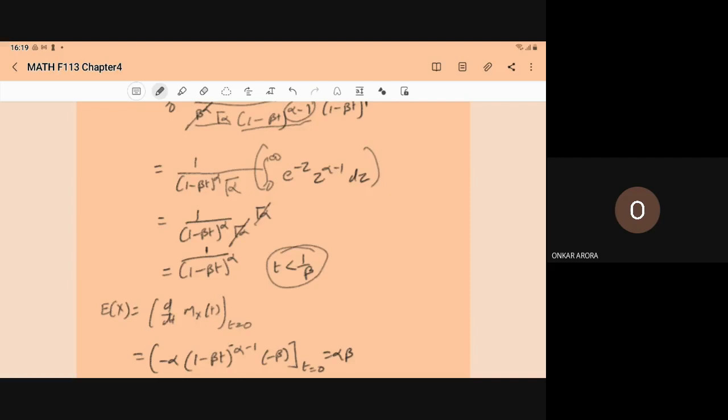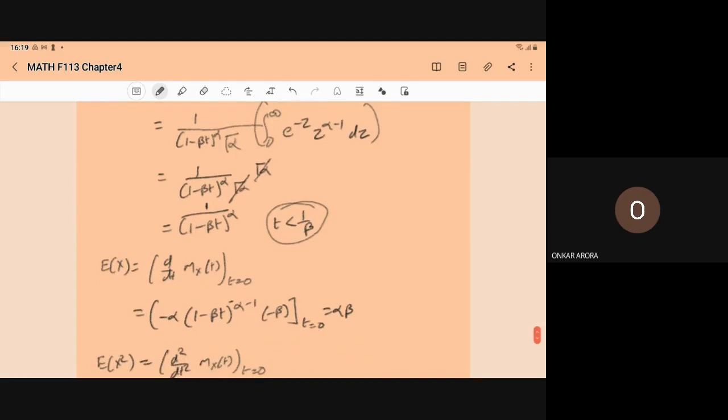MX(t) is 1 upon (1 minus beta t) to the power alpha, or simply (1 minus beta t) to the power minus alpha. Its first derivative can be written as minus alpha, then (1 minus beta t) to the power minus alpha minus 1, then minus beta, right? So at t equal to 0.